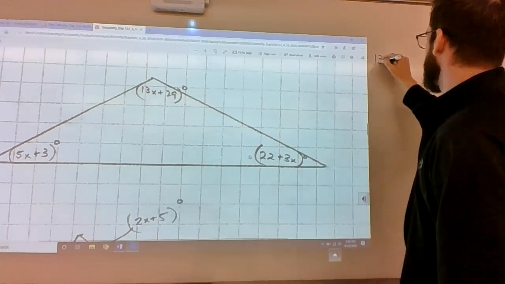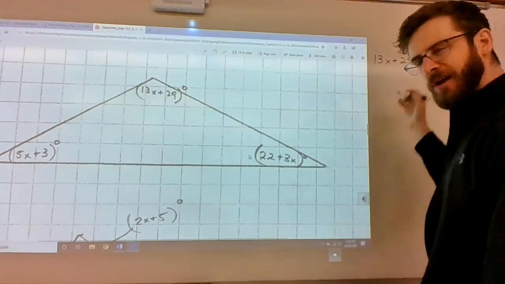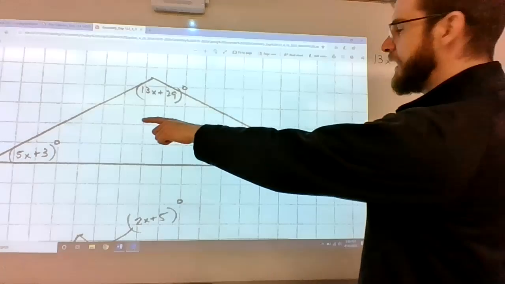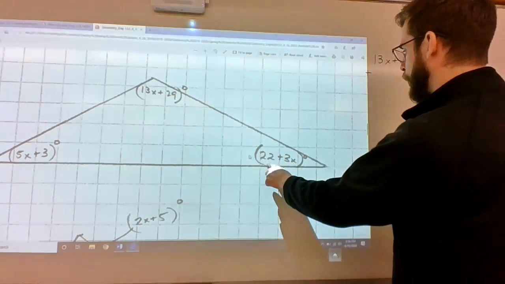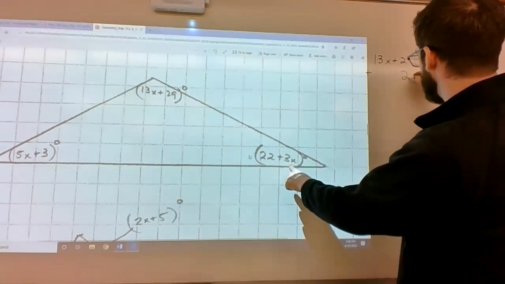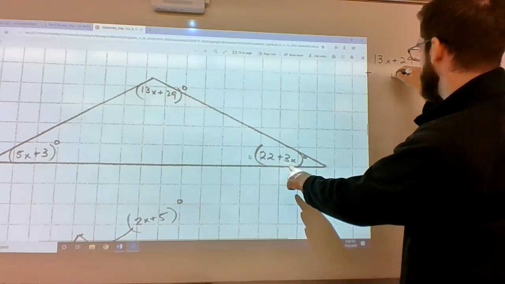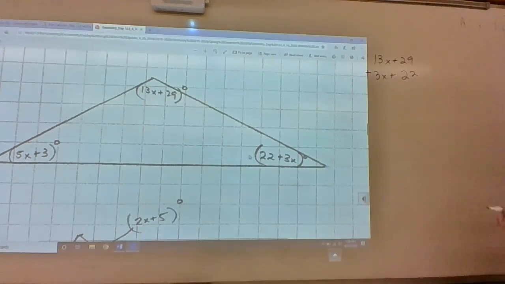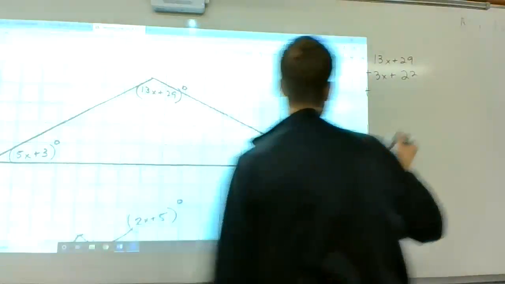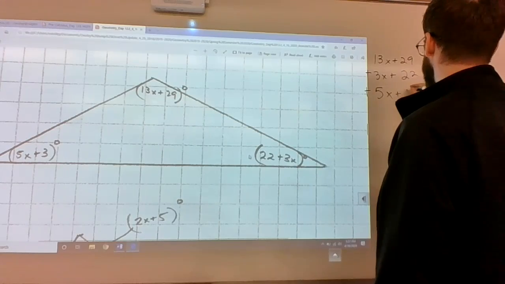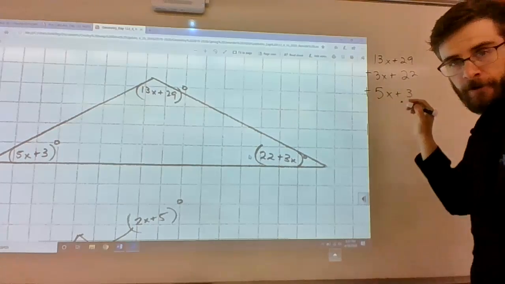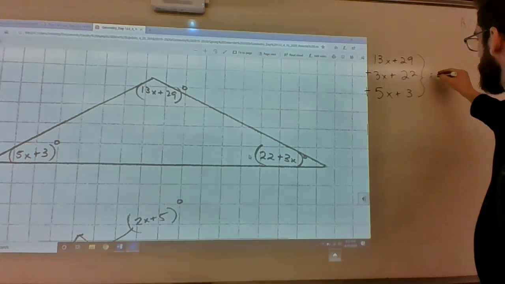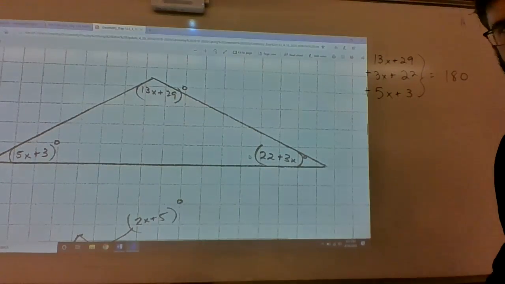I'm going to write it vertically, so the like terms are easier to combine. 13x plus 29, plus 22 plus 3x. I'm going to put the 22 here with the constant and the 3x here, plus 5x plus 3. All right? That equals 180 degrees.